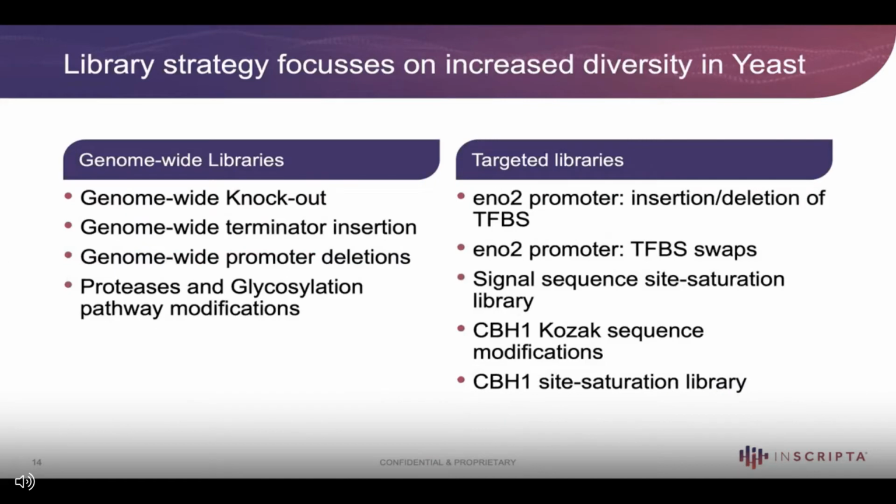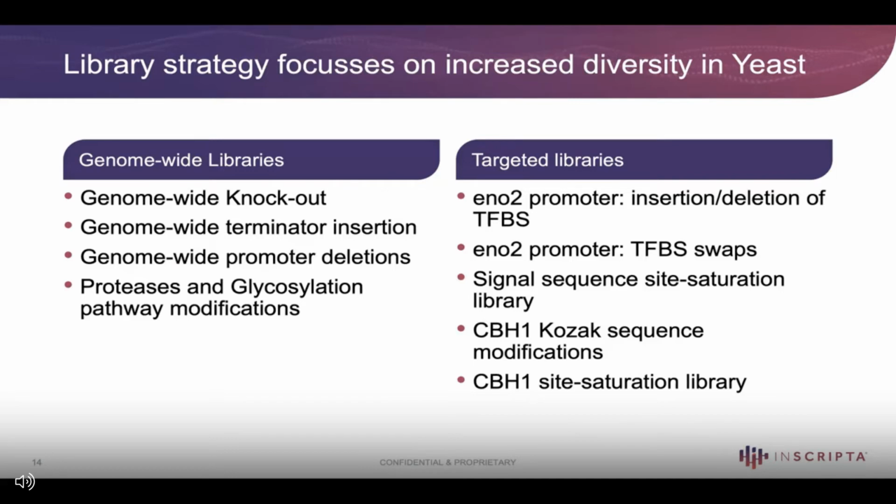What kind of libraries did we use, and what kind of libraries are we talking about generating here? So we can go genome-wide with our libraries, or we can do targeted-based approaches. With genome-wide libraries, we can think through applications where we would do genome-wide knockouts, for example, knocking out each of the individual coding sequences. We can go genome-wide in yeast with terminator insertions that stabilize each of the proteins through that stabilizing element on the 3' UTR.